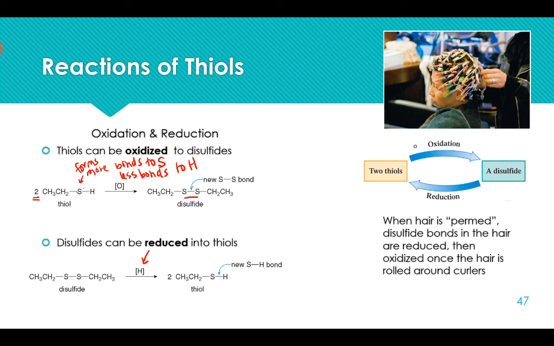So this pattern of oxidation reduction can happen between two thiols and a disulfide. When we perm hair or chemically straighten hair, we are breaking disulfide bonds in the proteins in our hair, forming our hair into the desired shape, and then allowing those disulfide bonds to reform in our hair proteins. So this is the real life application for oxidation and reduction of thiols.